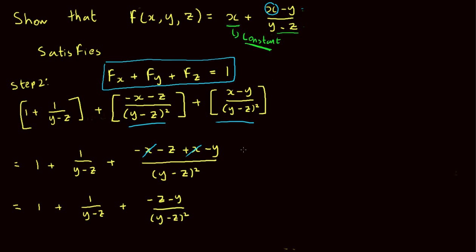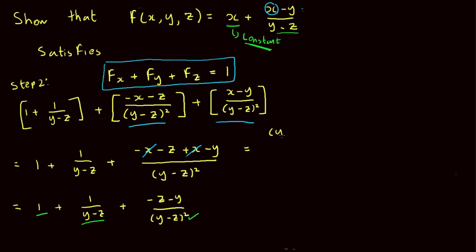So we still need to solve it clearly. We have to make sure they have the same denominator, which is supposed to be (y minus z) squared. So this one and these terms, we definitely need to change the denominator.